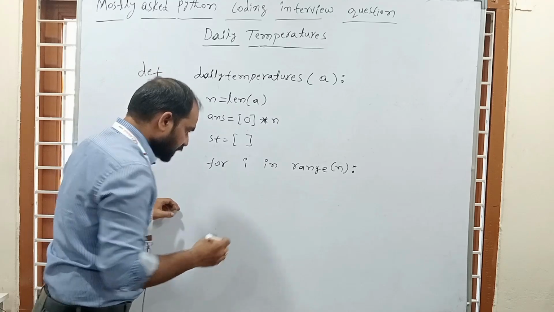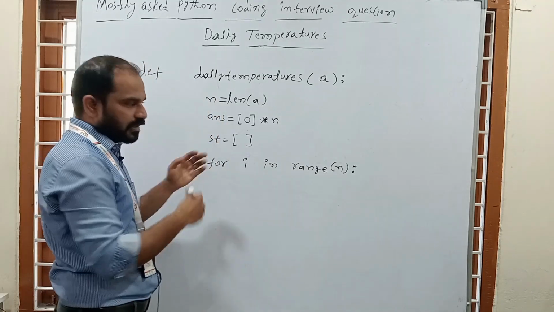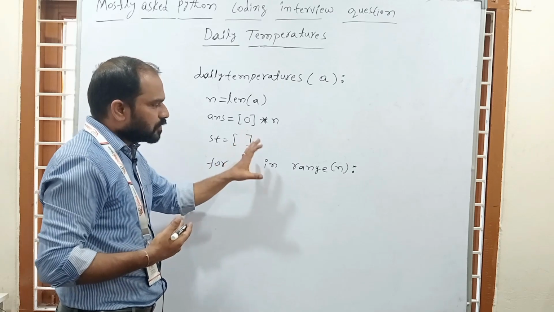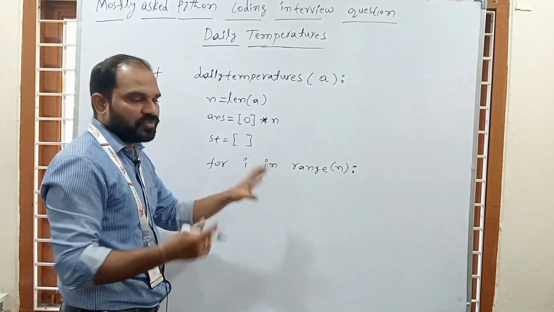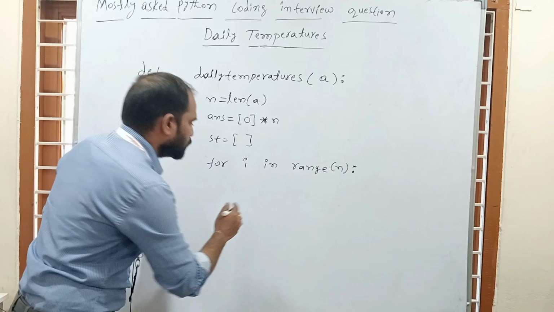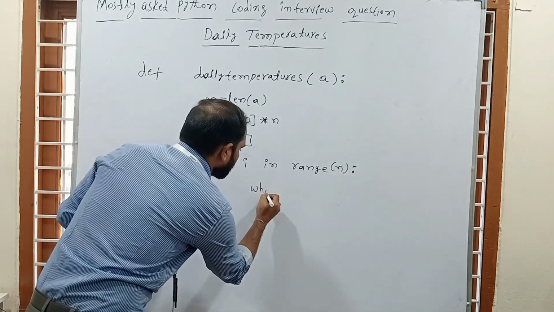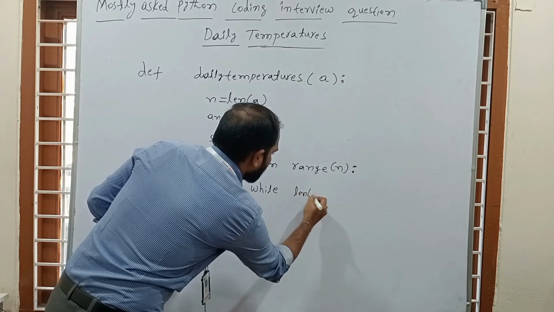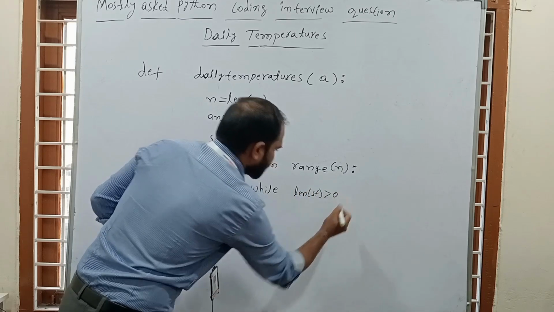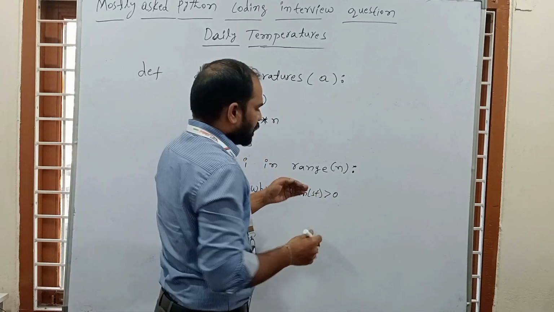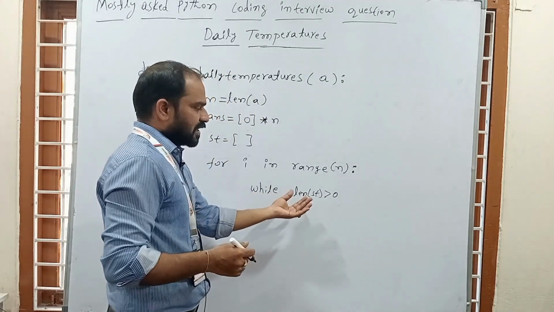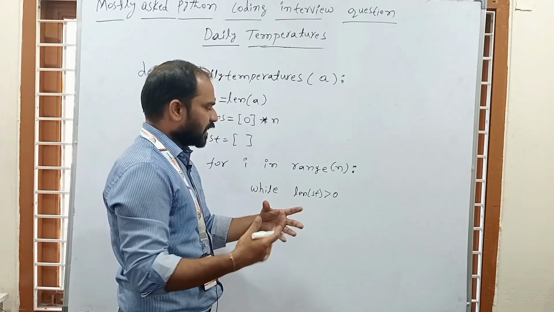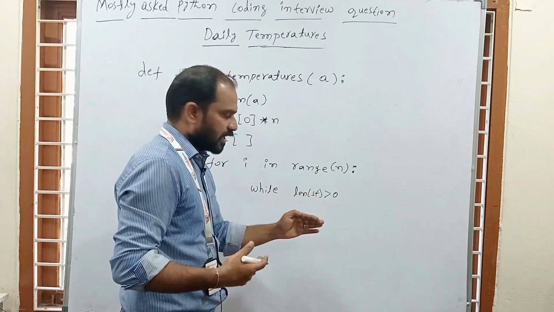After that we are checking a condition, right? In the logic, when we discussed the logic, every time we are checking some conditions, right? So to check conditions, take a while loop. While length of st greater than 0, whenever the length of st is greater than 0, then only we can continue to the next step.